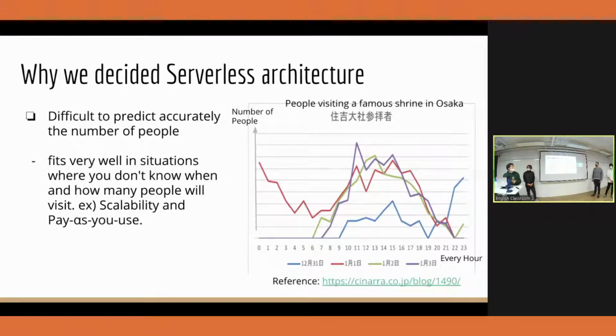If you see the chart, it shows people visiting a famous shrine in Osaka. It seems difficult to predict, isn't it? In that case, serverless architecture fits very well. So that's why I chose serverless architecture for our app this time.